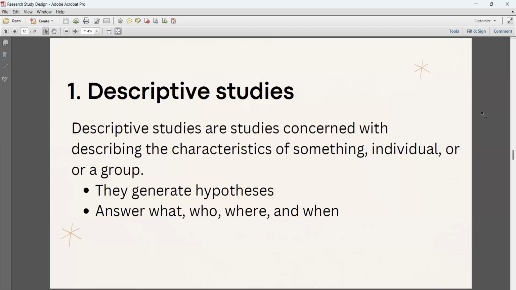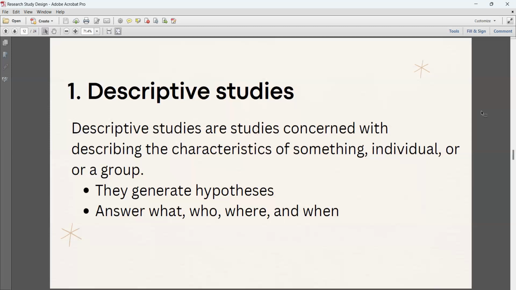So that's a descriptive study. In terms of who, let me give you a sample question. Who are the groups that are most affected by COVID-19 in town C?